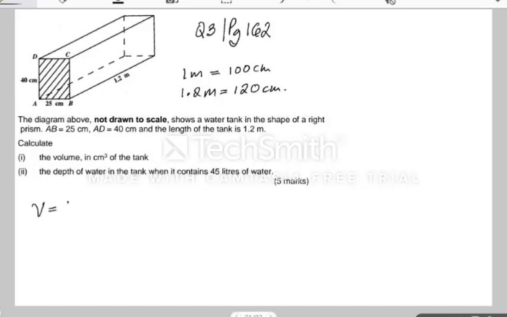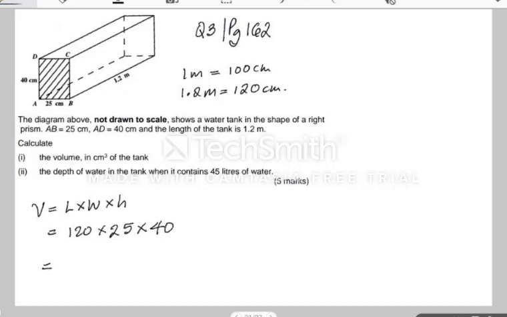Volume is equal to length times width times height. The length is 120, the width is 25, and the height is 40. So the volume of the solid is 120 times 25 times 40.